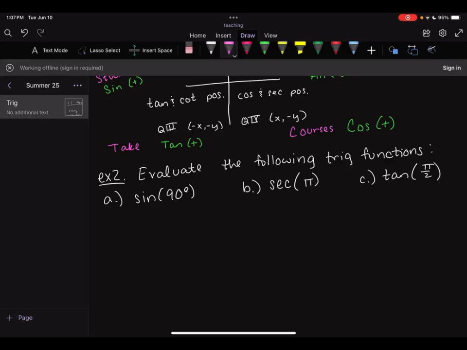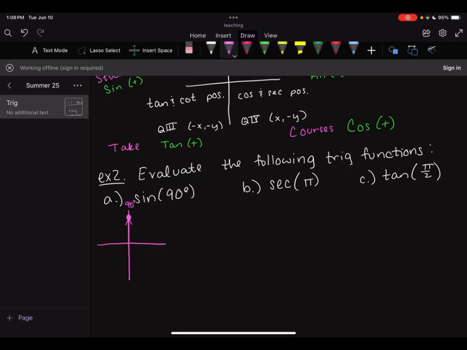So if I look at part A, sine of 90 degrees, what I'm looking at up here is 90 degrees, and I want to know what is sine at that point. Now the interesting part of this is that we can really select any point on the positive axis to help us with this.